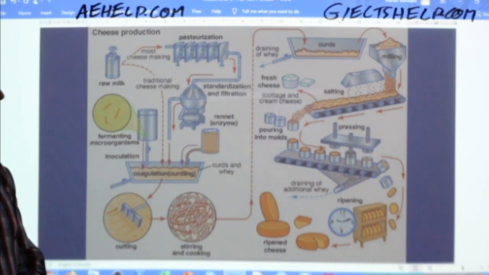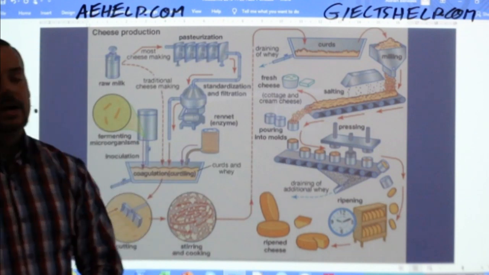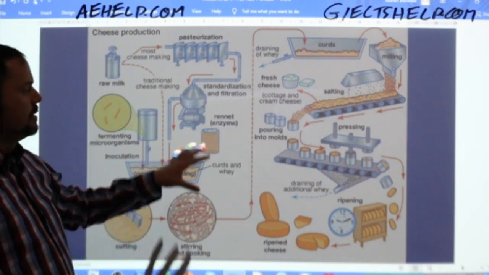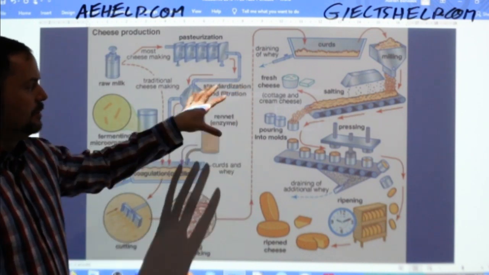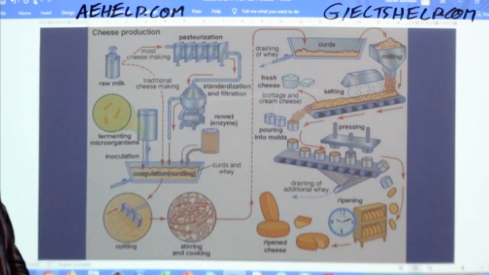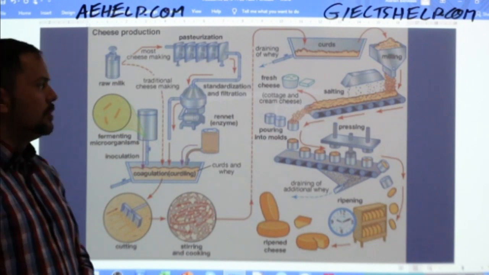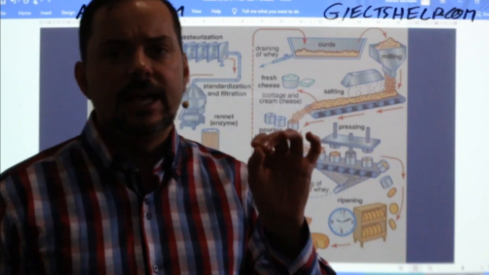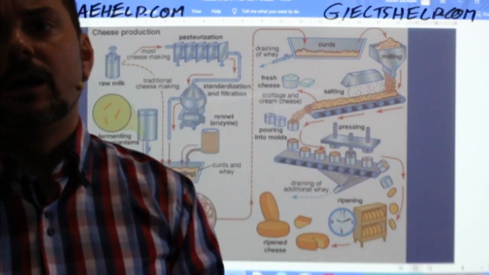Said fermentation, ripening. There's a little bit of salt going on there as well, right? We don't see people. I don't know why a lot of you are writing people. We don't have people visible in this picture. There's no people. So I wouldn't write people. Again, students, don't write information that you don't see in the diagram.